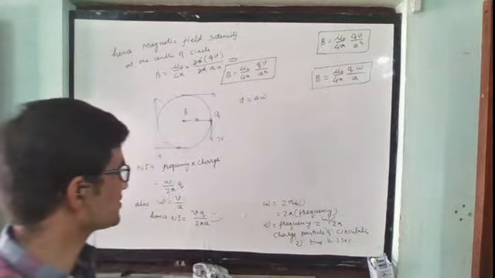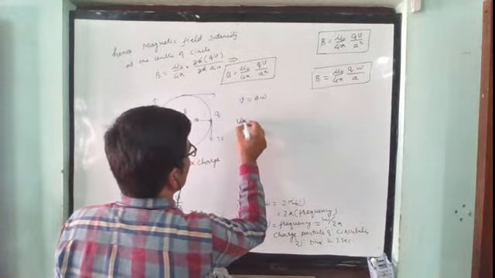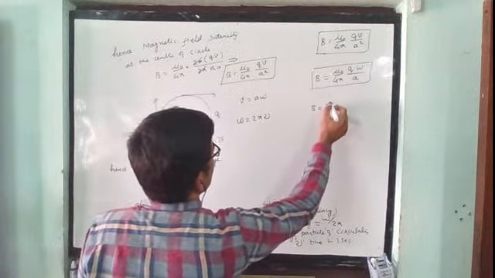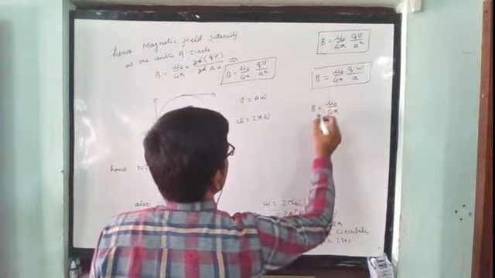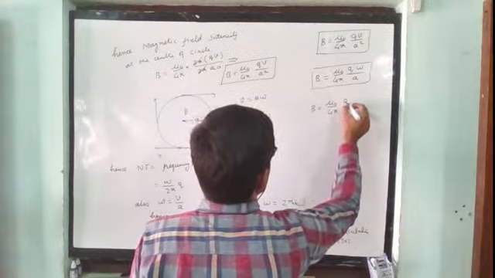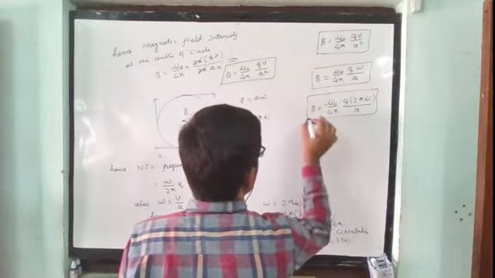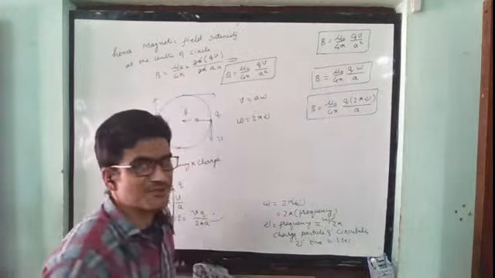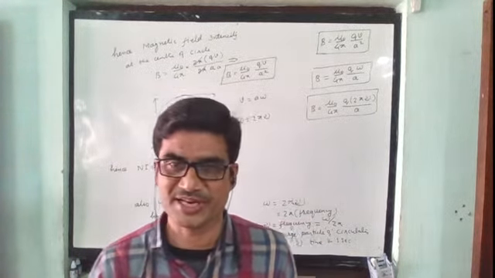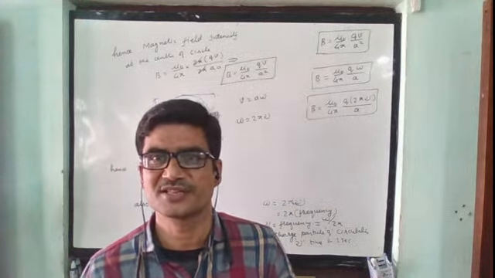Correct? See, we also know omega is equal to 2 pi into nu. That also we can write, mu naught upon 4 pi, instead of omega we can write q 2 pi nu by A. Okay, sometimes it is given in terms of frequency, meaning the charged particle is making 20,000 turns per second, 50,000 turns per second.